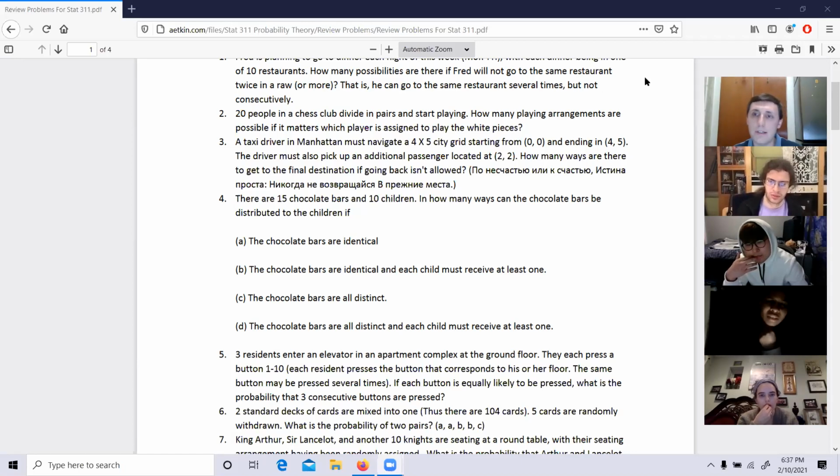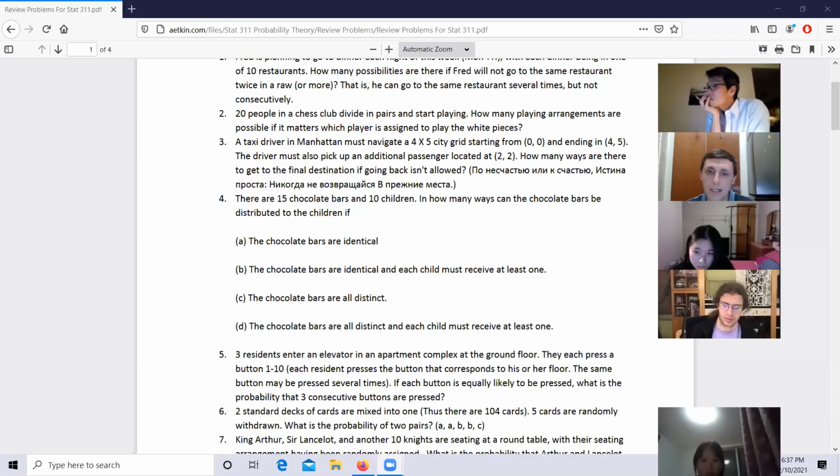Be careful, guys. It matters who plays against whom and which person plays which pieces. If they divide into pairs, how many pairs do we have? That is something we need to know.